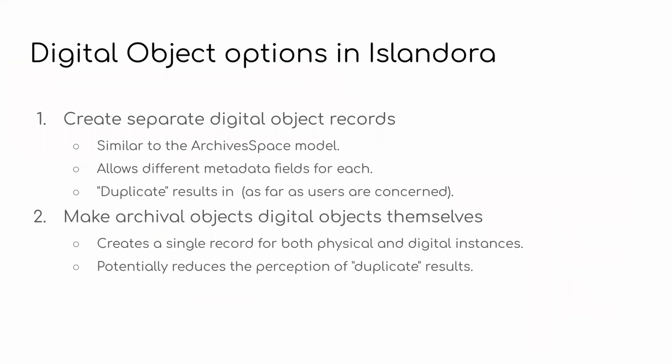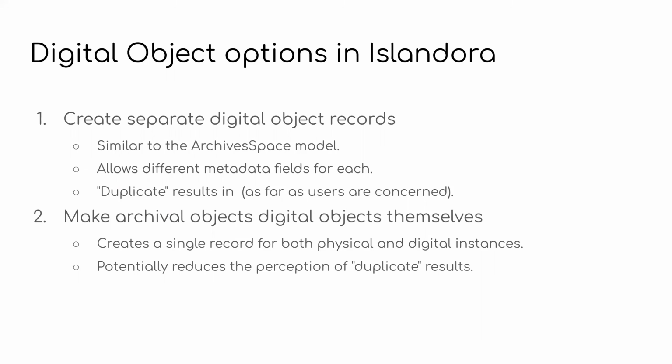An alternative is you could have just a single descriptive record. The archival object is the descriptive record, and you just attach the digital object, the digital content to it directly. So if you know the ArchivesSpace interface, you know how we have the digital object and you have the file instances.